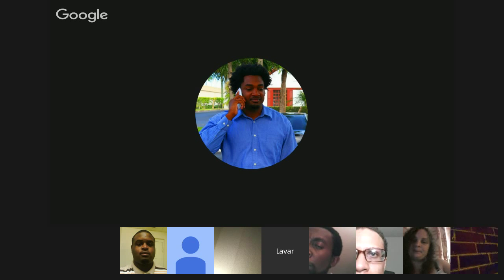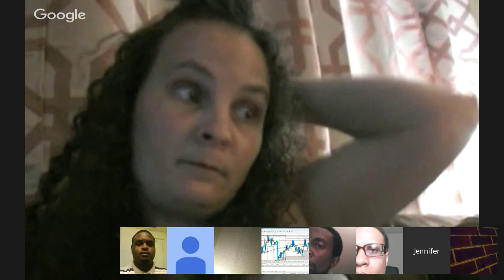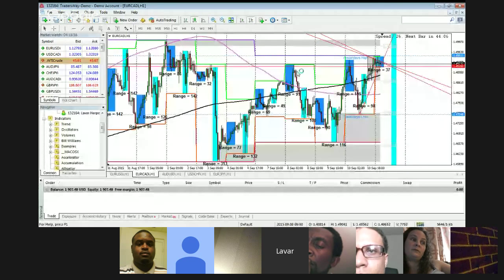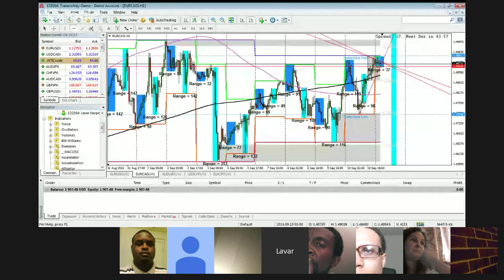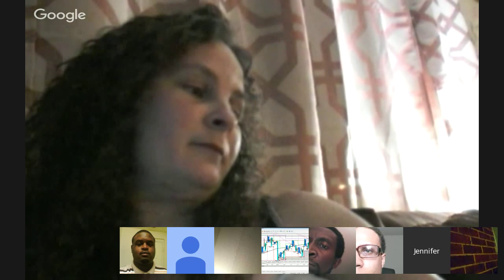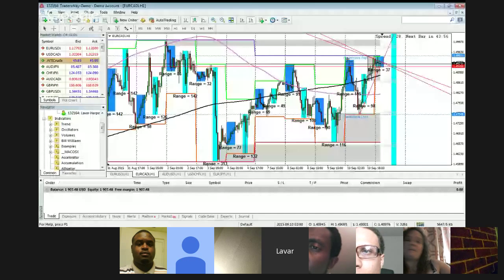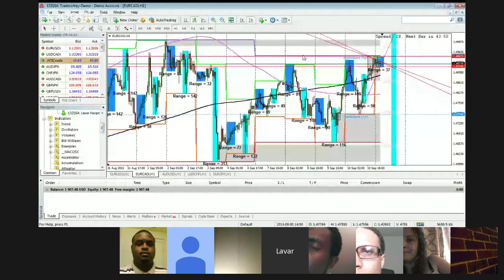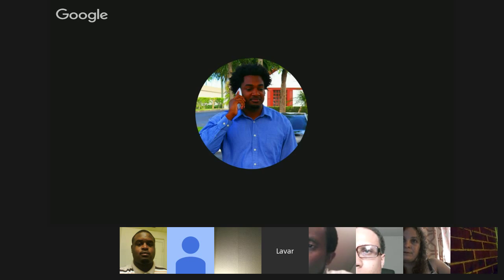So what I do, I just draw support and resistance lines, and what you call in between a support and resistance line is a zone. So now up here, it's in between the zone, and it's respecting this trend line, and it's respecting the one high up there.